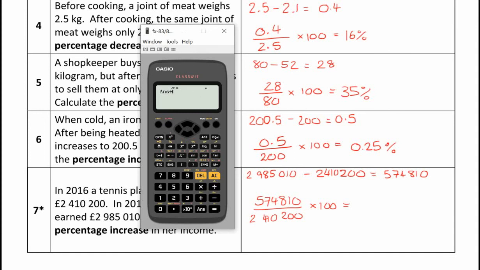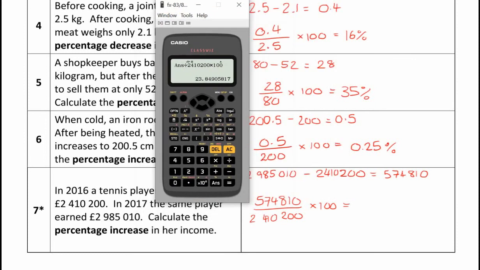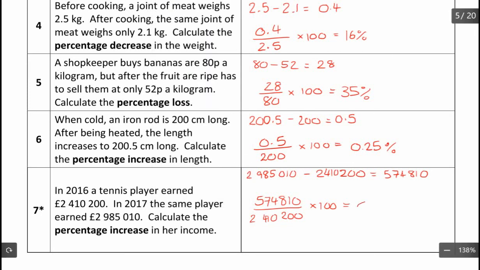I'm going to divide by that amount times by 100, and that is a 23.8% increase. It doesn't tell us how many decimal points to give this answer to, so 1 I think will be sufficient. 23.8. Okay, there we go.